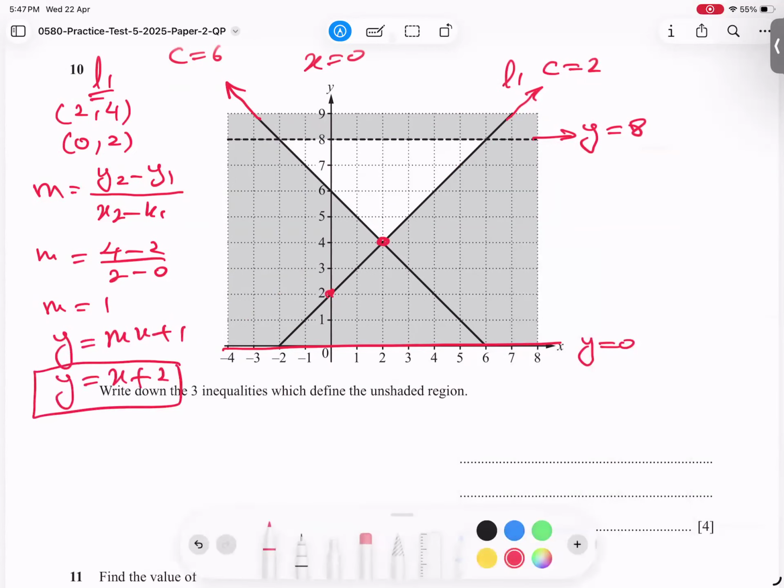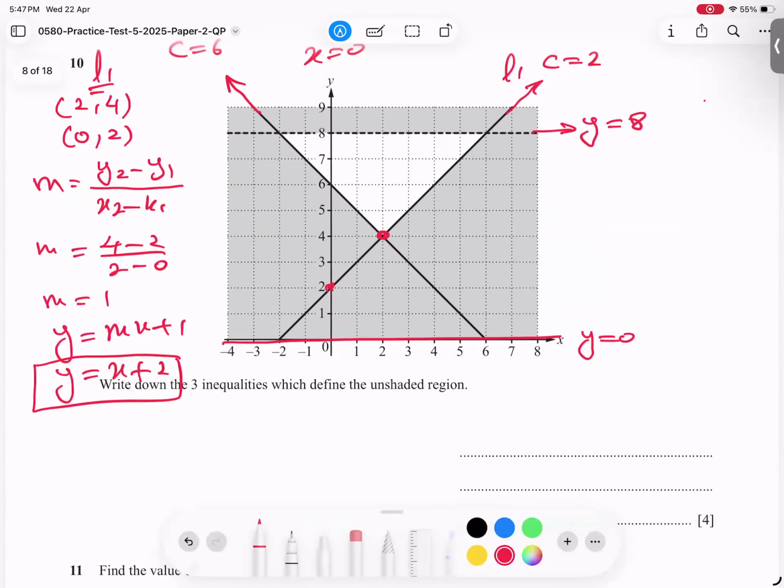And now I'm going for L2. L2 is this line, students, where the c value is 6, visible. I can take again this 2, 4, x is 2, y is 4. I take any other point, for example this x is 6, y is 0. And the gradient formula, students, y2 minus y1 over x2 minus x1.